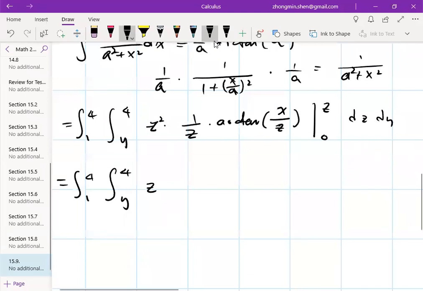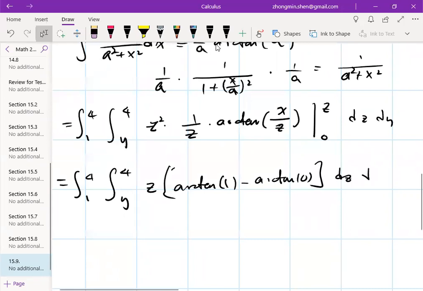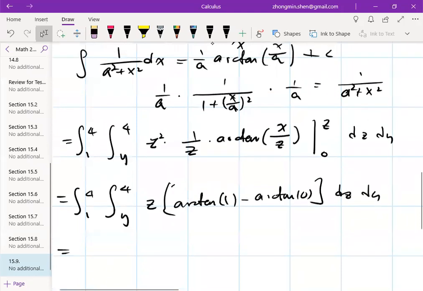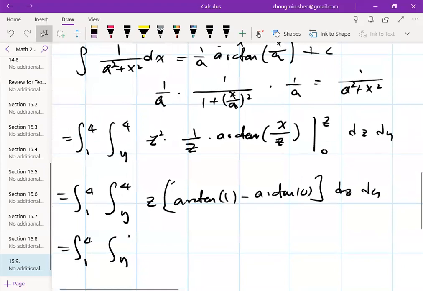So we plug z for x, then you have arctangent 1. You plug 0 for x, then arctangent 0. So it's not too bad. But arctangent 1 is pi over 4, and arctangent 0 is 0. So you only get z pi over 4 dz dy.